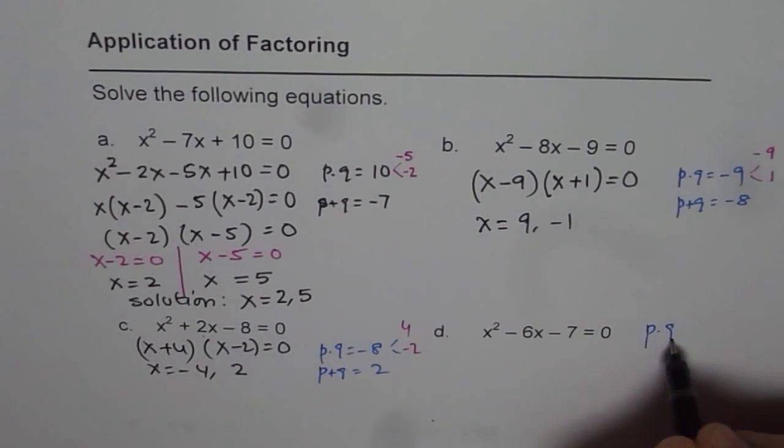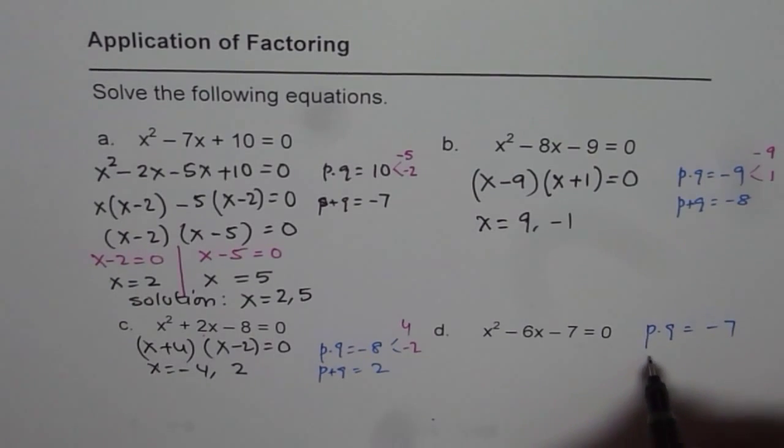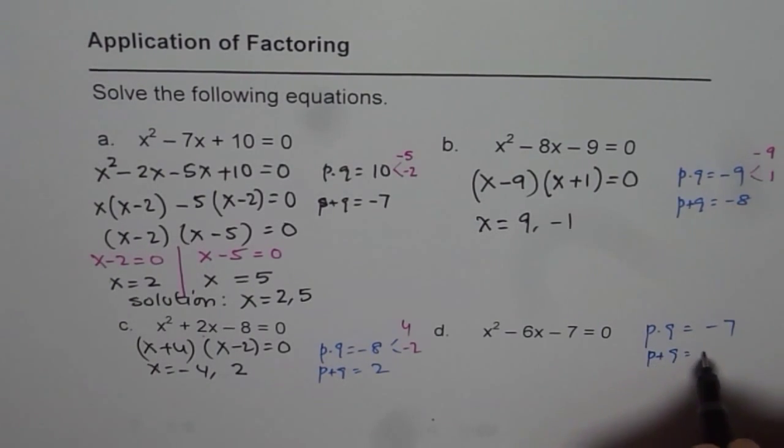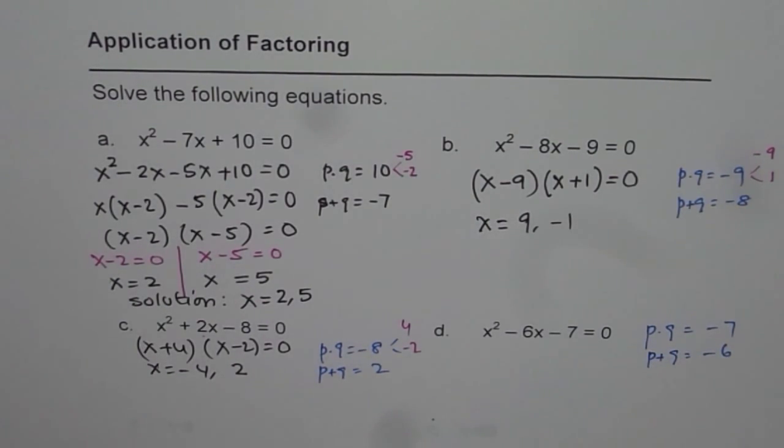So the product here we are looking for is minus 7, right? And the sum is minus 6. Now both are negative, correct? So in that case, one is going to be positive when you do the product, right? The bigger one is negative.